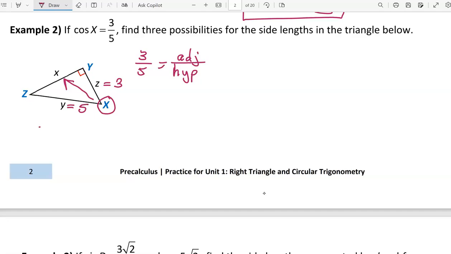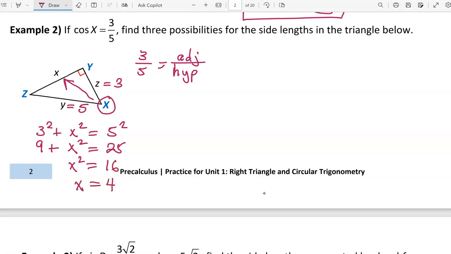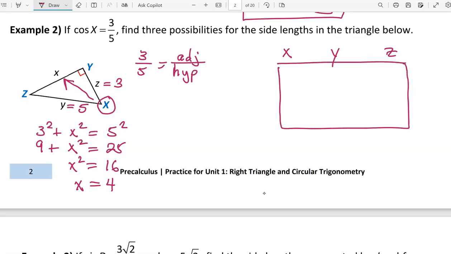Now, if I use the Pythagorean theorem, 3 squared plus x squared is equal to 5 squared, because 5 is the hypotenuse. That's going to give us 9 plus x squared is equal to 25. Subtracting 9 from both sides, x squared is 16, and x must be 4. That's the famous 3, 4, 5 triple that you may remember from geometry. And so one possibility for our x, y, and z is x is 4, y is 5, and z is 3.